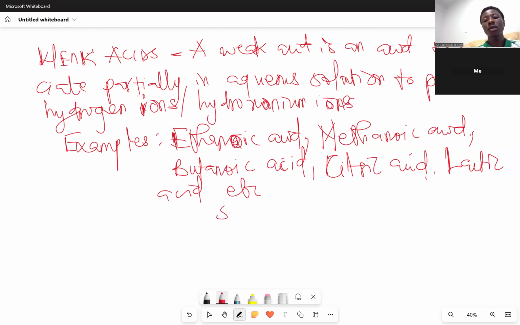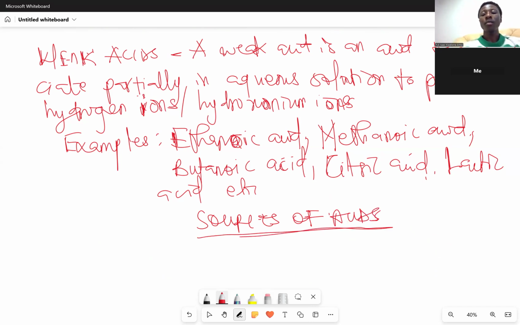Let me clean this. Sources of acids. Sources of acids means where acids are gotten from.